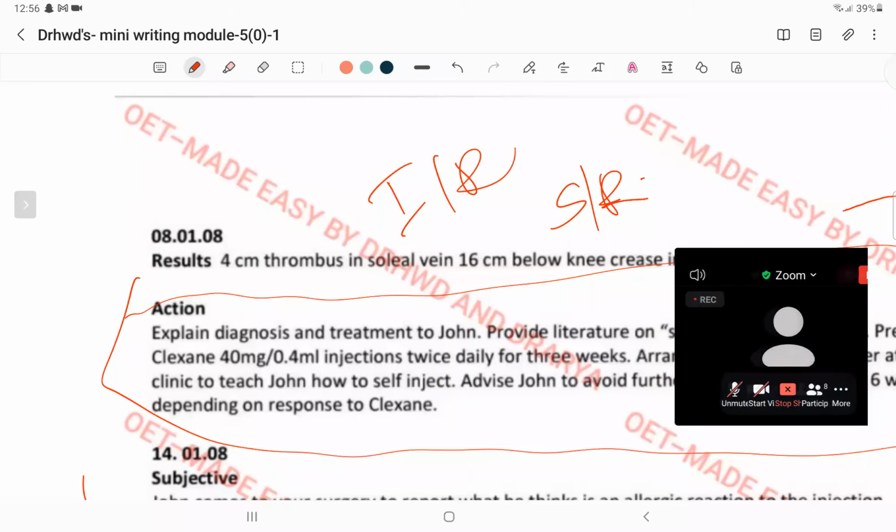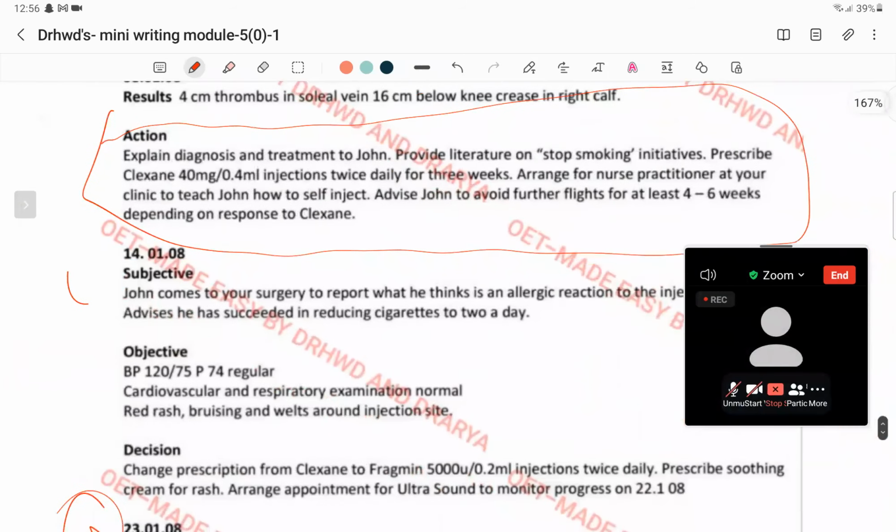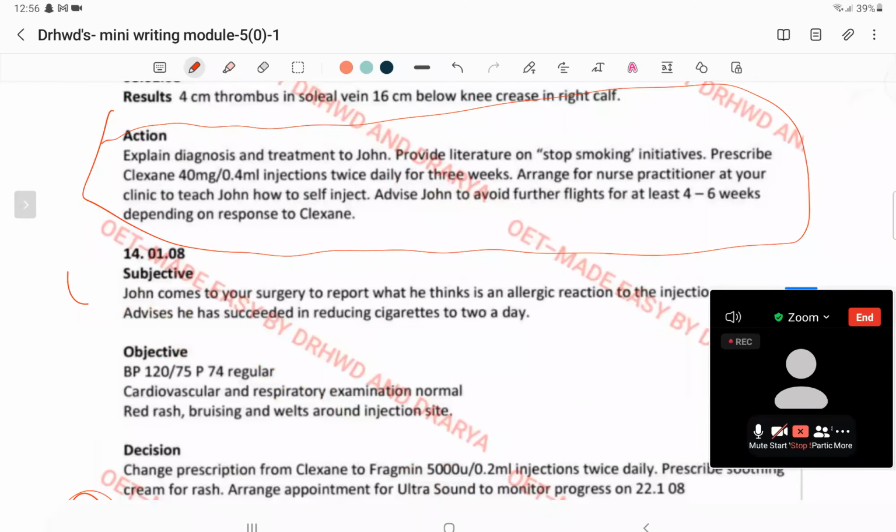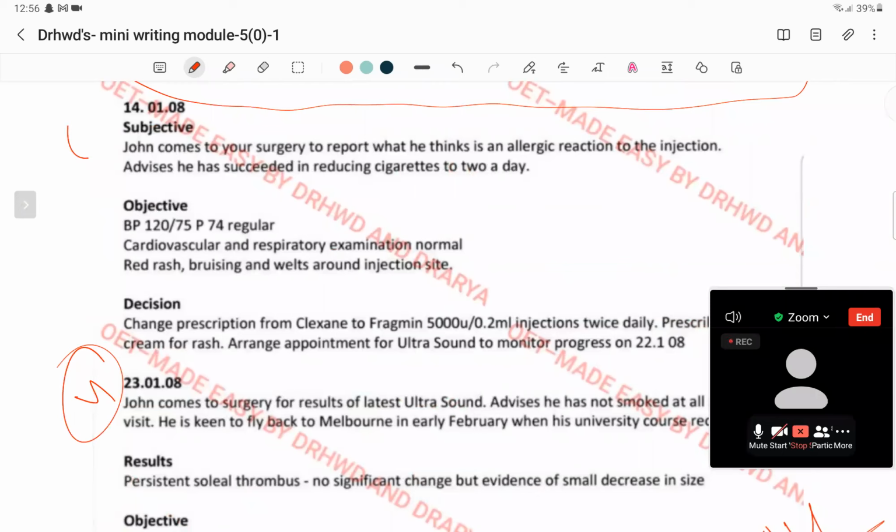I just wrote with spontaneously, but I just read in someone's letter it was written to. I changed Clexane with fragment. Is that incorrect? Guys, all of you, yes or no?